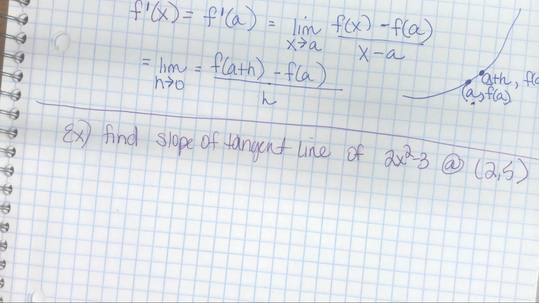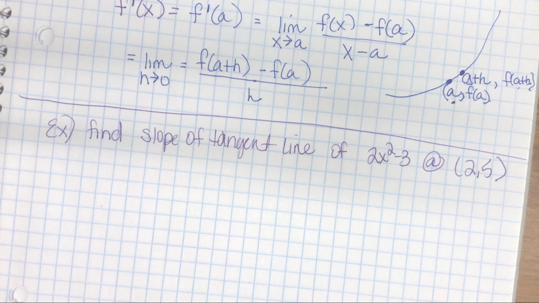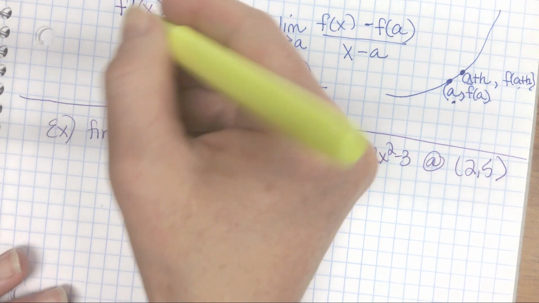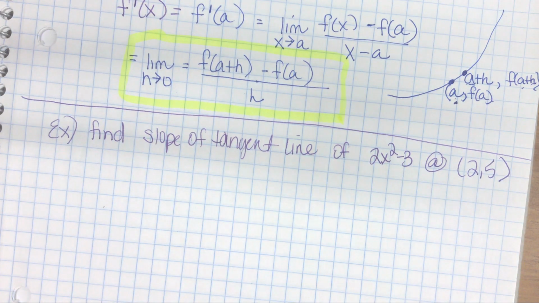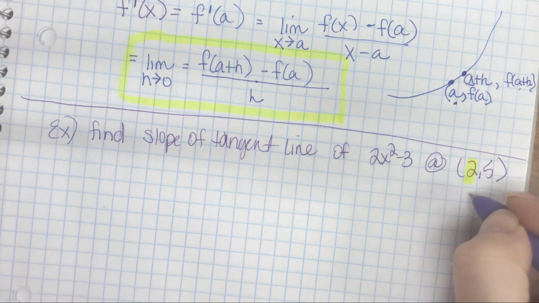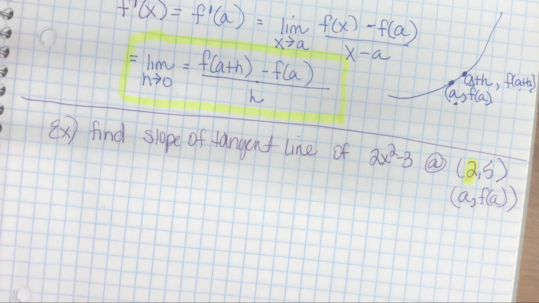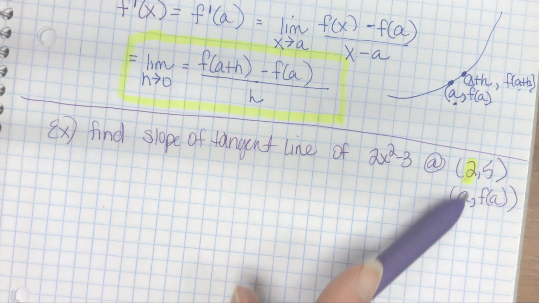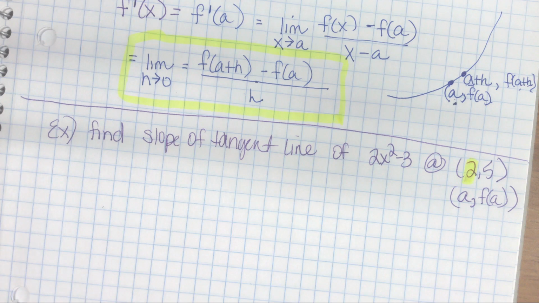We're going to try one together, and then I'm going to have you try one on your own. We're going to use this formula right here, and the point we're going to use is 2. That's my A, and this is my f of A. So I know A is 2, and I know f of A is 5. That's my y value.